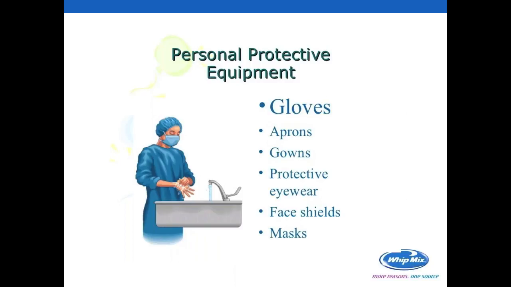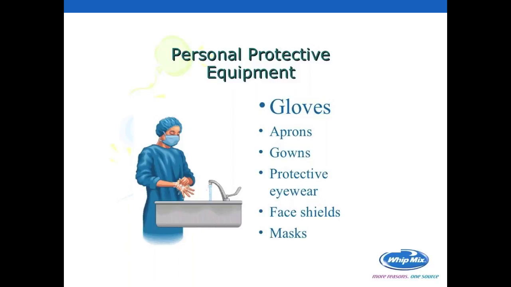Now there's the use of personal protective equipment. And the very first personal protective equipment that we use is gloves. In the clinical setting, constantly using gloves when you're touching the patient or patient materials. When you have inbound materials at the laboratory, gloves.